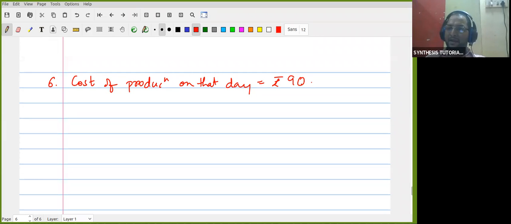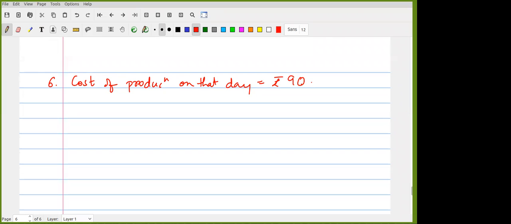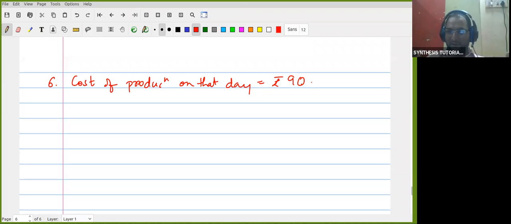One is cost of production, number of articles into the cost of each article, right? Now we don't know any of these, but we have conditions on them. So I have to take one of them as x, right?